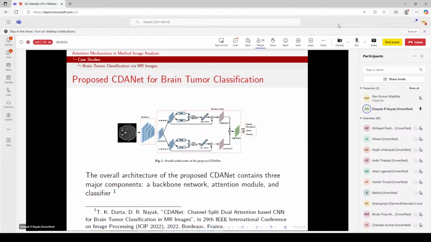Our goal was to learn features from a CNN backbone, and then integrate an attention mechanism to further refine the features, followed by classification as we commonly do, using global average pooling and a fully connected layer. This is where our contribution lies, where we have introduced something called a channel split dual attention mechanism.